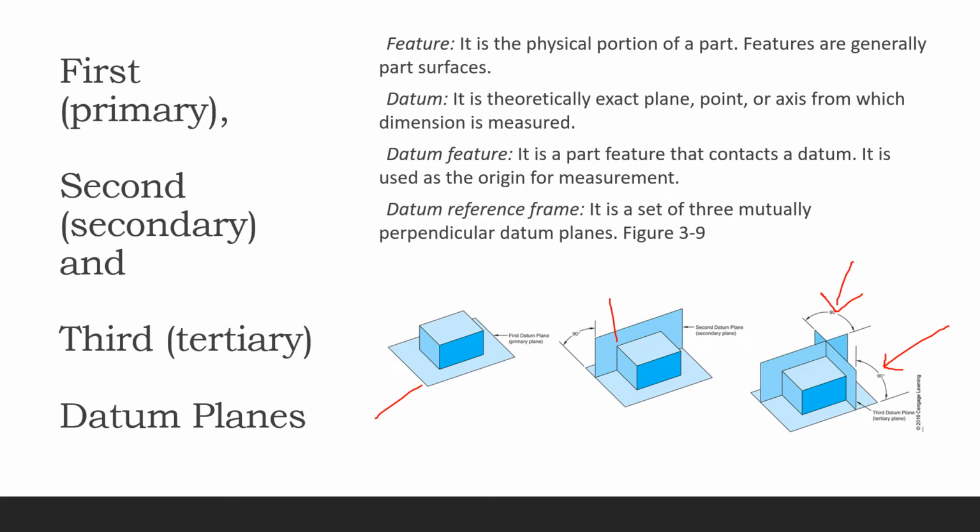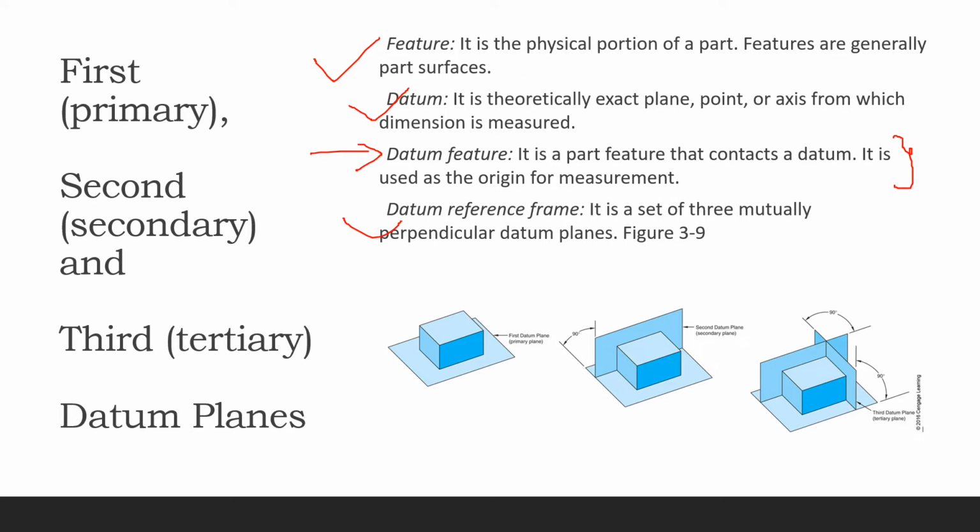I think you got an idea of what a datum is, what a datum feature is, and what a datum reference frame is. Students get these three very easily, but they have issues with this part, so when you study, make sure you try to get this.